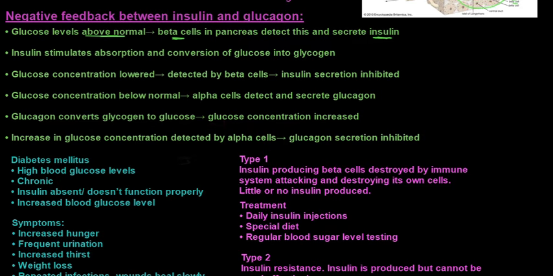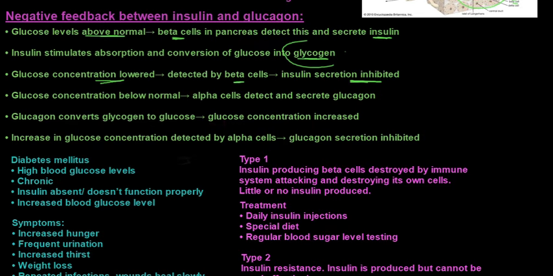Insulin will then stimulate the absorption and conversion of glucose into glycogen. The glucose concentration is then lowered because the glucose has been taken out of the blood and stored as glycogen. This lowered concentration is then detected by the beta cells, and then the insulin secretion is inhibited.